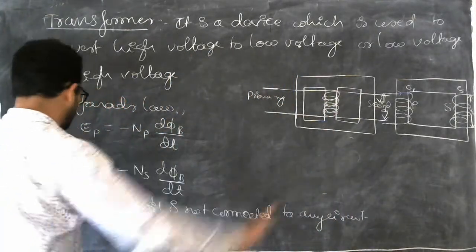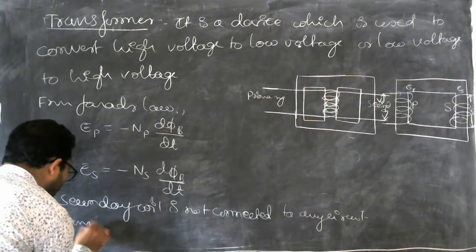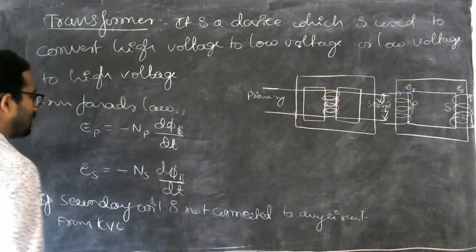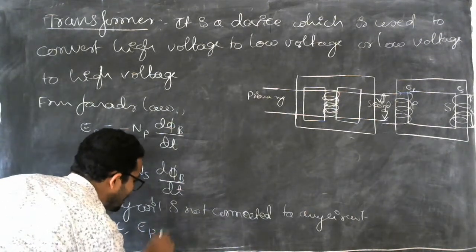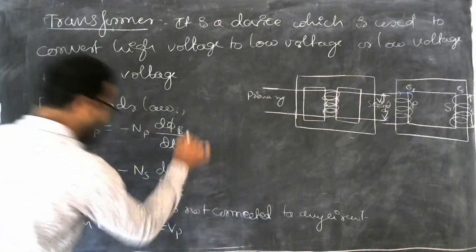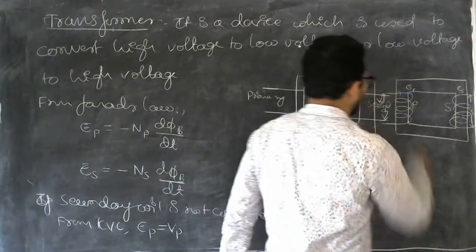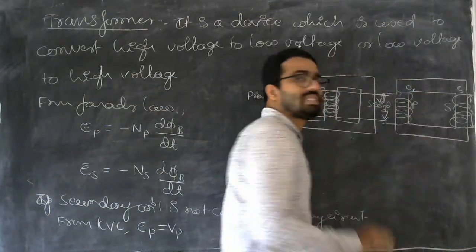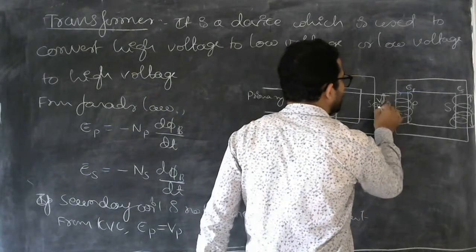In that situation, from KVL, what you can write is EP is equal to VP. We imagine that the resistance of the winding is equal to 0. Here we have connected one AC source.